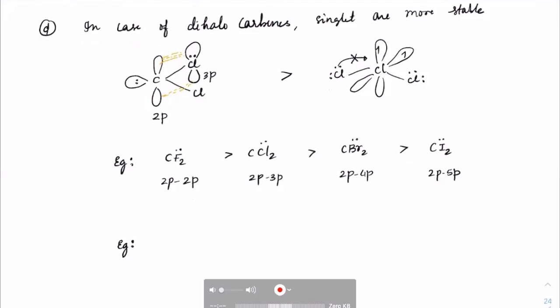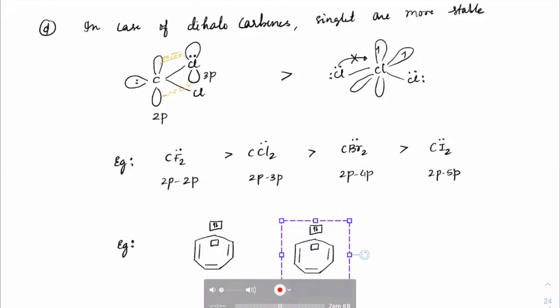Another case where you will see the singlet being more stable. Suppose I take a tropylium carbocation, tropylium molecule like this. Imagine this carbon is singlet type like this. There is a singlet carbon, and the same molecule may be in a triplet form.